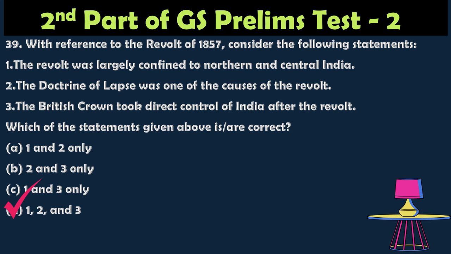So statement 2 is also correct. After the revolt, the British crown took direct control under the Government of India Act 1858, with the ending of the East India Company. So that statement is also correct. All the options are correct.